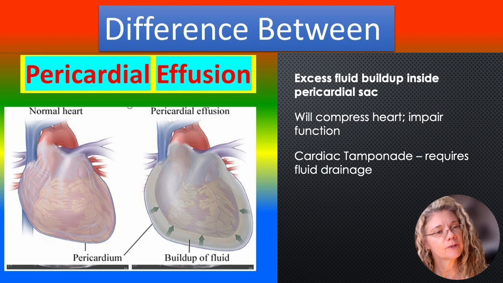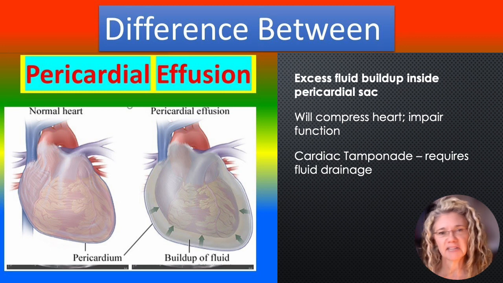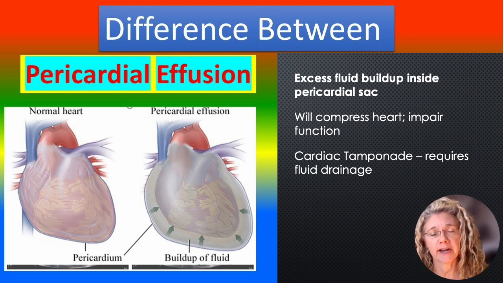So if you've got a buildup of fluid in that sac, it's going to put external pressure on this delicate organ, right? That muscle needs to be able to stretch and dilate in order for those chambers to fill properly with blood. And if we've got external pressure on that organ, then its filling will be impaired.